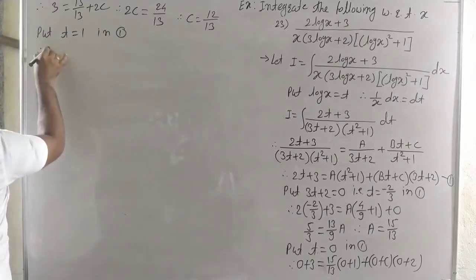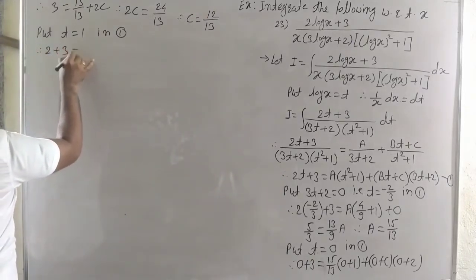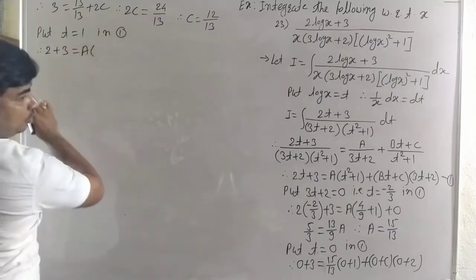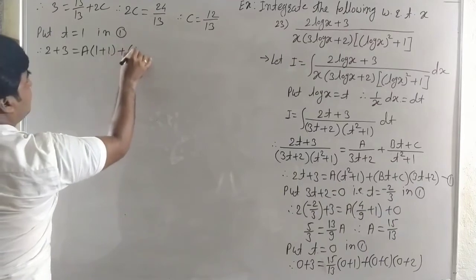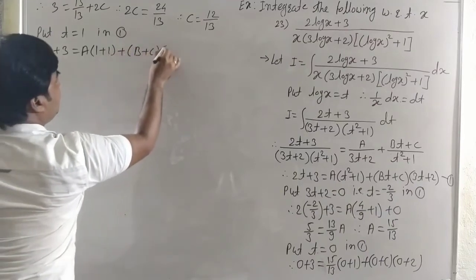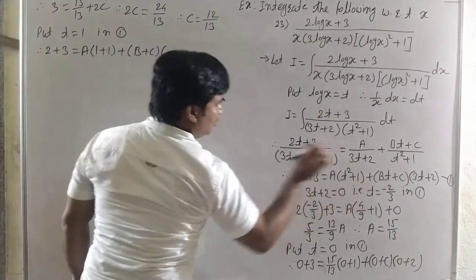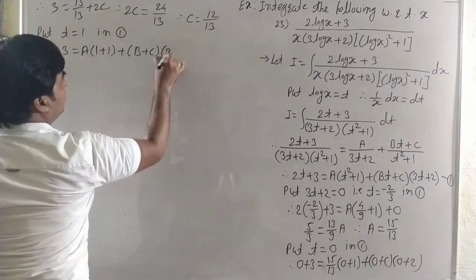Therefore 2 plus 3 is equal to a into (1 plus 1) plus (b plus c) into (3 plus 2).